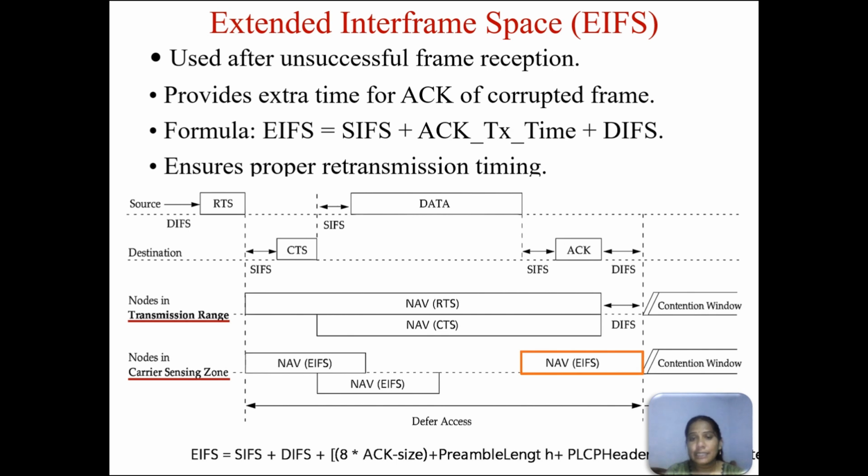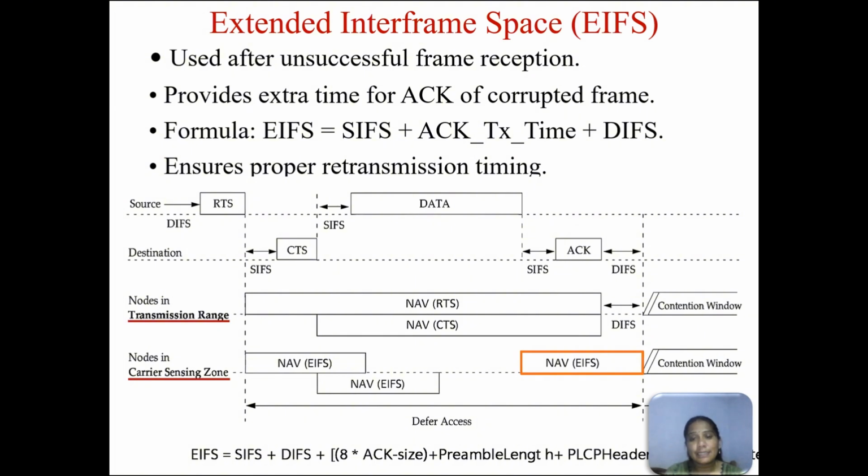After receiving the clear to send, the source station waits for the SIFS period. Once the RTS is received by the other nodes in the transmission range, immediately the network allocation vector will be set and they will defer their transmission. And after hearing the CTS, the source will transmit its data.